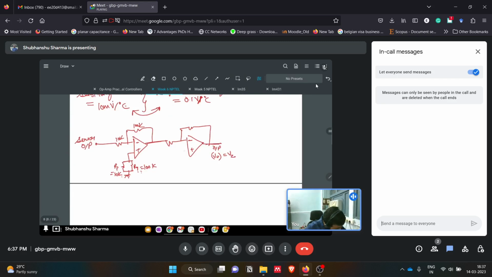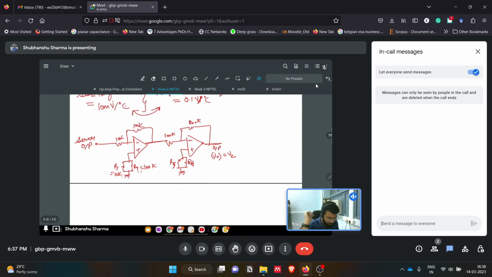Here also we will reduce the effect of bias. This is R5, this is R6, and because we are using 100K here, it will be the parallel combination of 100K and 100K.